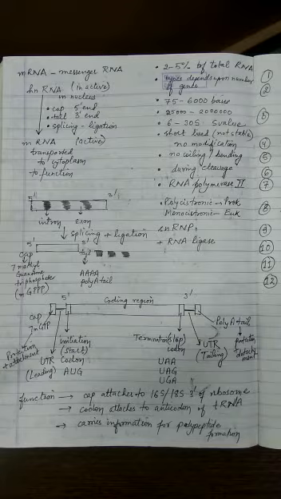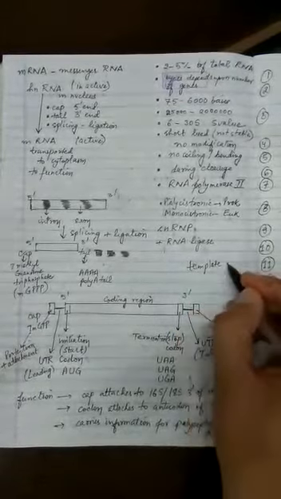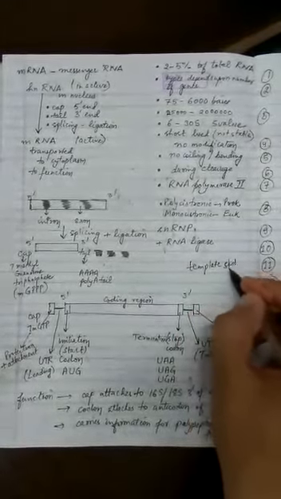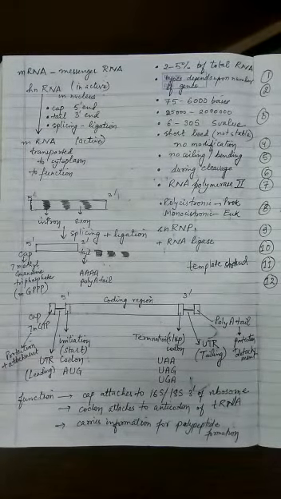So anticodons are always complementary to the codons, and codons of the messenger RNA are complementary to the template strand of the DNA. What is the template strand? In the DNA structure it will be clear to you.